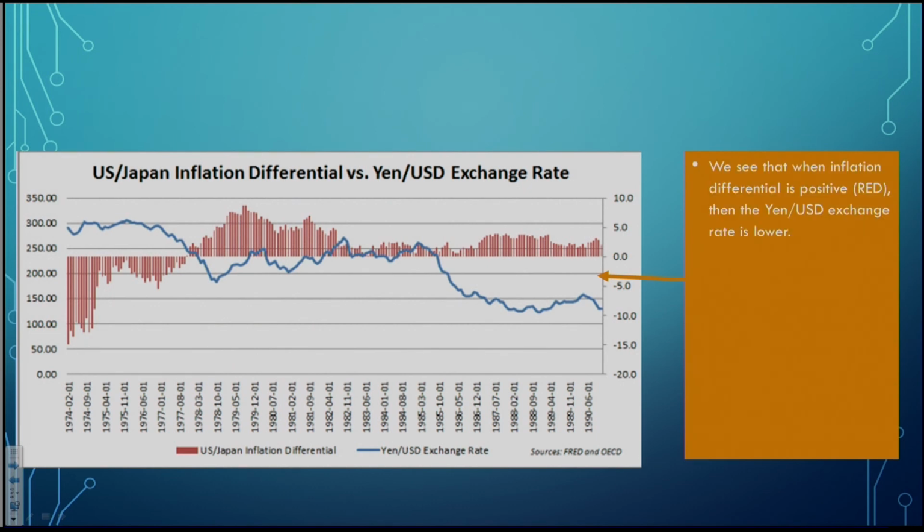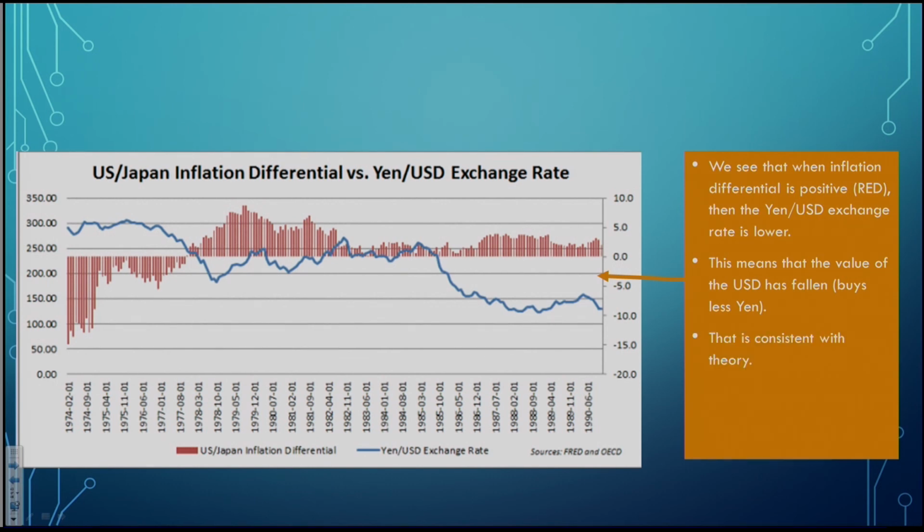Now, we see that when the inflation differential is positive, the red bars, then the yen to US dollar exchange rate is actually lower. So this means that the value of the US dollar has fallen. It buys less yen.